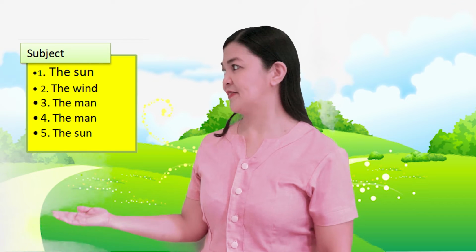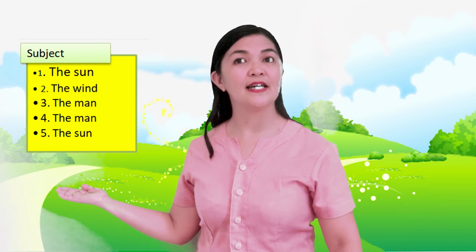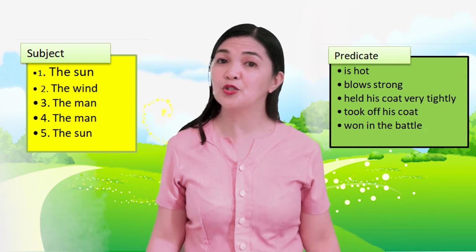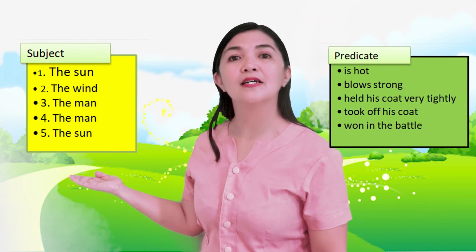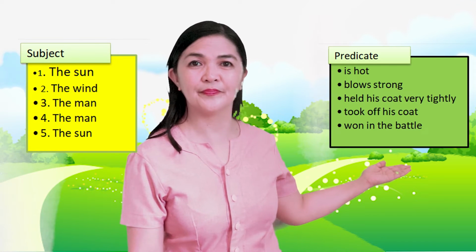These are the subjects. For number 1, the subject is the sun, and the predicate is hot. Number 2, subject, the wind, and the predicate, blows strong.